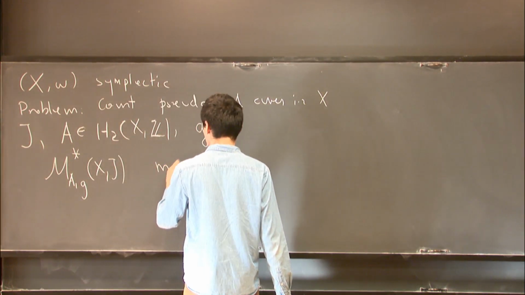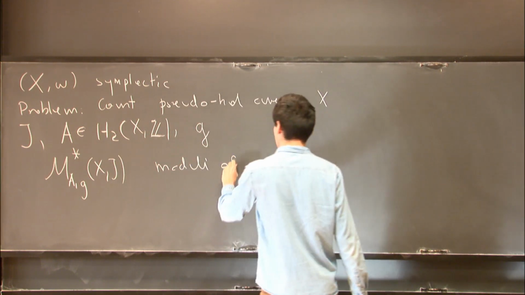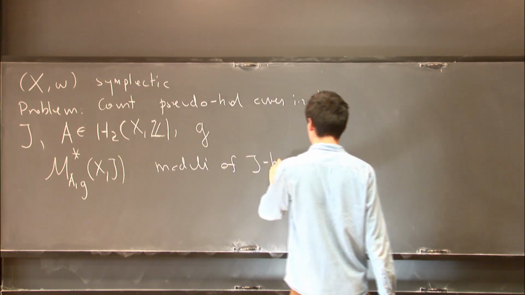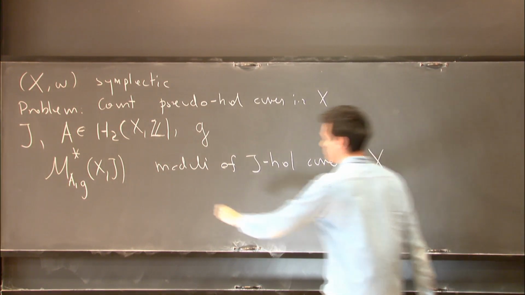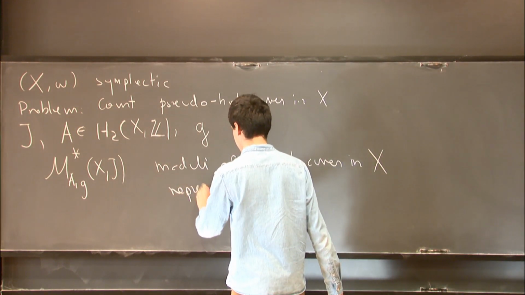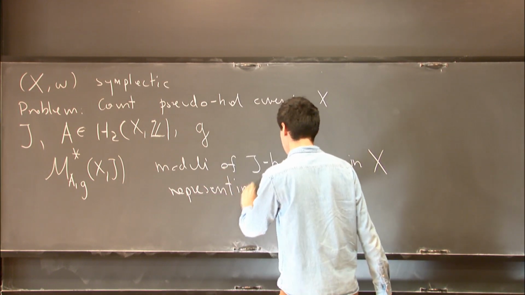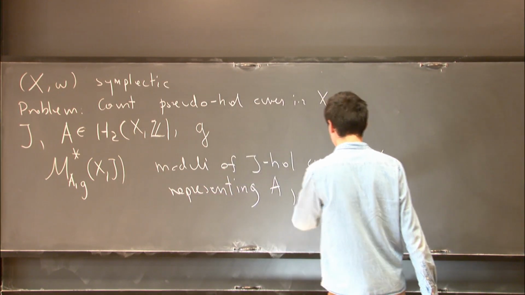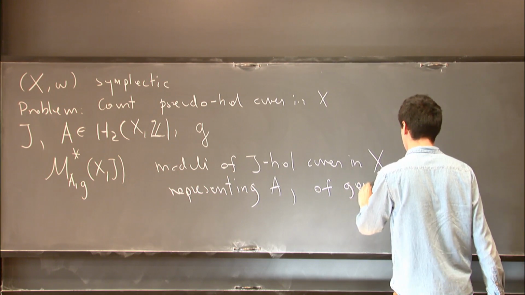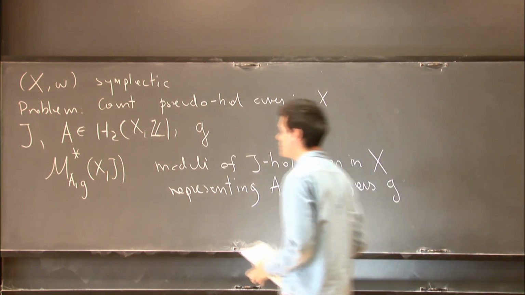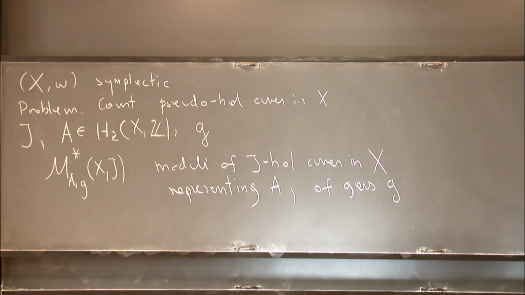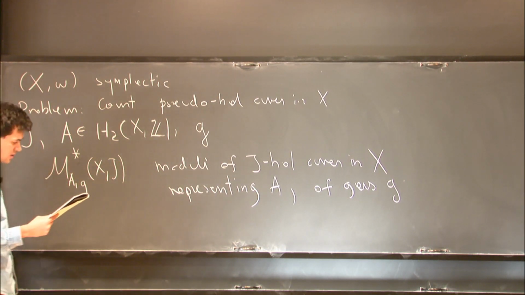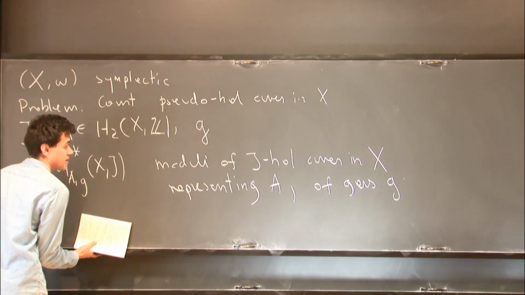And this is simply the moduli space of J-holomorphic curves in X representing this given homology class and of genus g. So when I put a star here, I mean that I really care about images of J-holomorphic curves rather than maps. And this is a well-studied object.